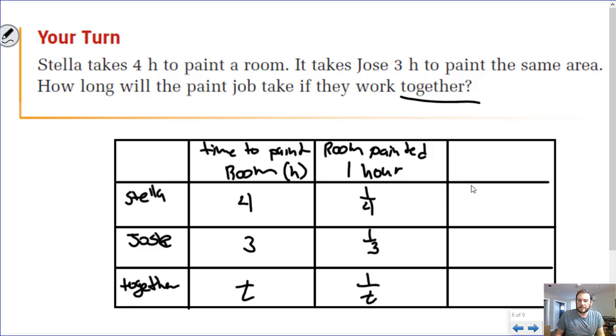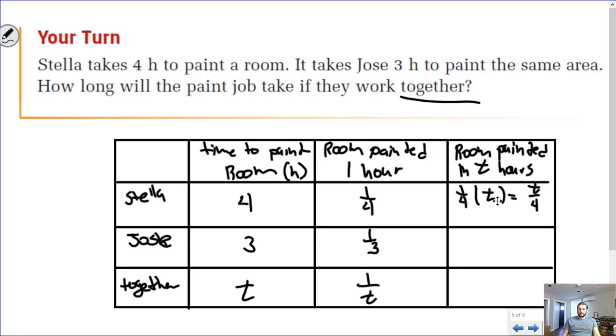And then finally, how much of the room does Stella paint in T hours? Room painted in T hours. Stella can paint a quarter of the room in an hour, so if we're looking at T hours, we take a quarter and multiply it by T, and we get T/4.